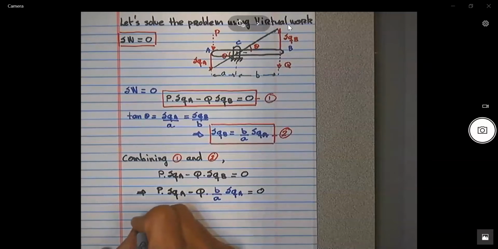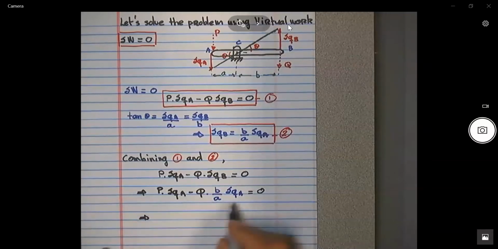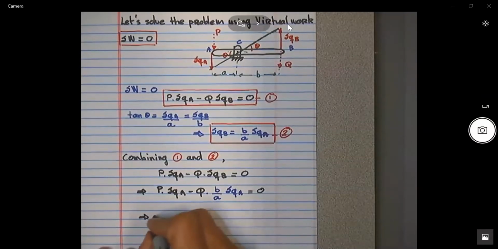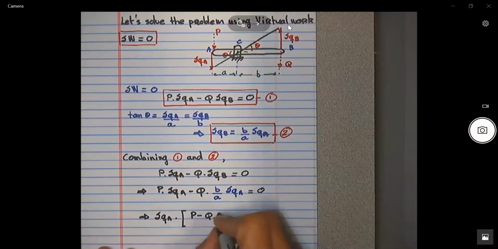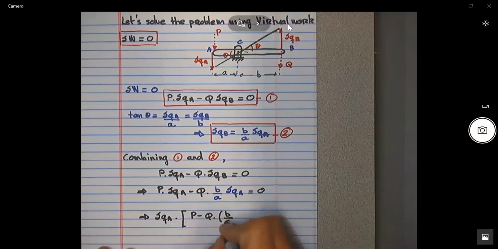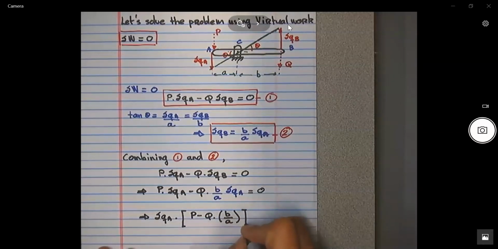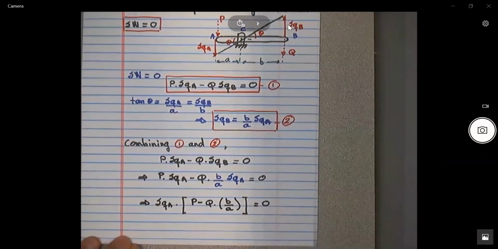What is good is that we can factor out delta Q sub A, and this gives us P minus Q times B over A equal to 0.